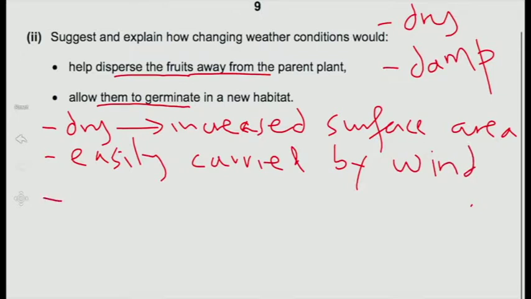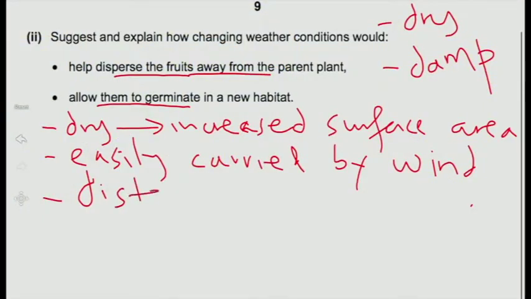And then it will land distances away from the parent plant. P for parent, the other P for plant. So it's dry.